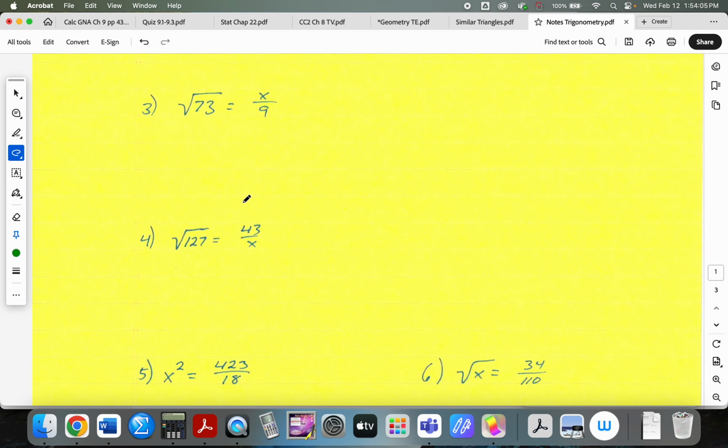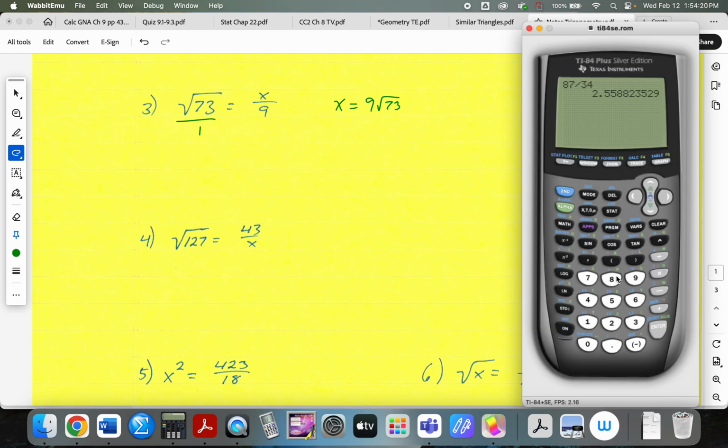Sometimes you'll have other operators, like for example, the square root. We're still going to just put this over 1 and cross multiply. X is just going to be 9 times the square root of 73. And I'm going to put that into my calculator. 9 times the square root of 73.